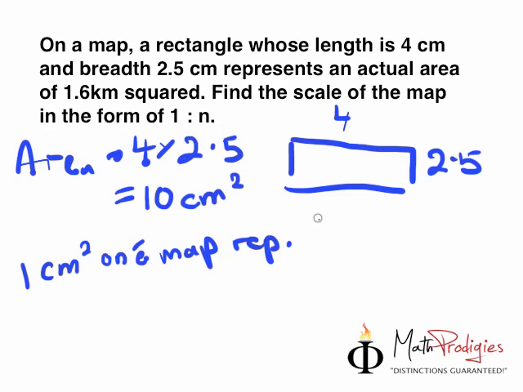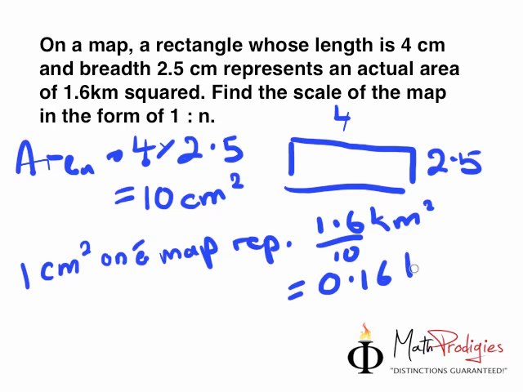And just type 1.6 kilometer squared divided by 10. Okay, divided by 10, and hence you get yourself 0.16 kilometer squared. You got that part right?